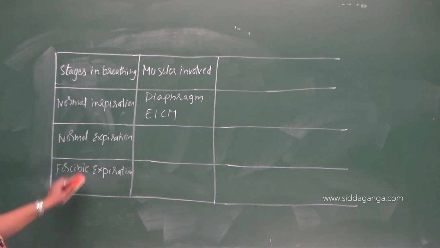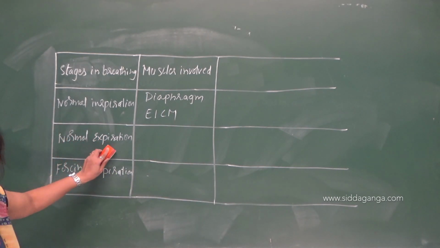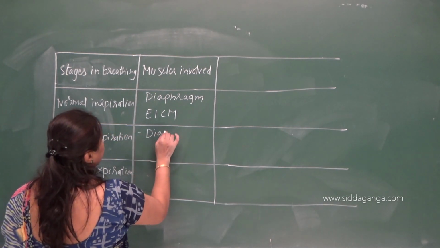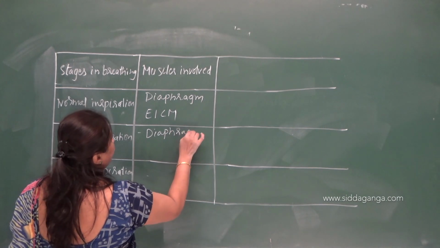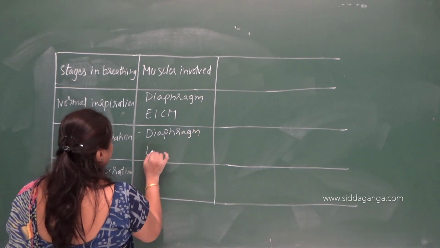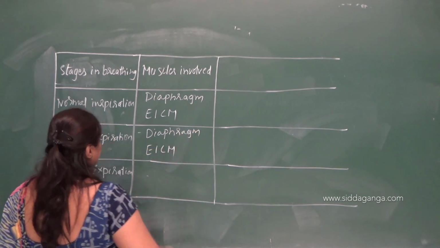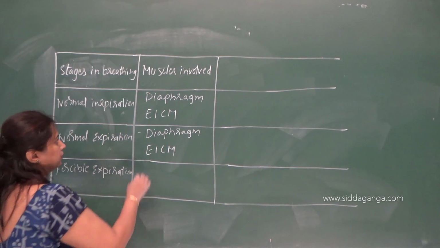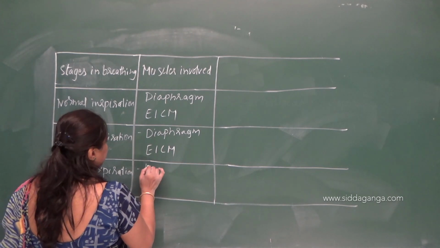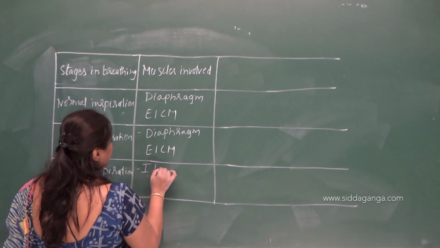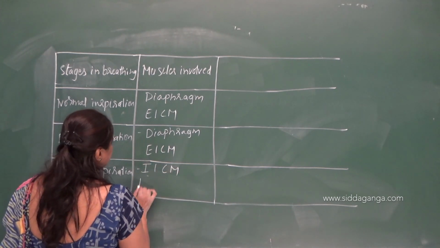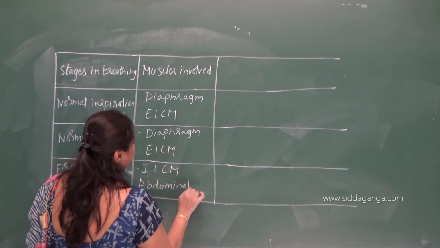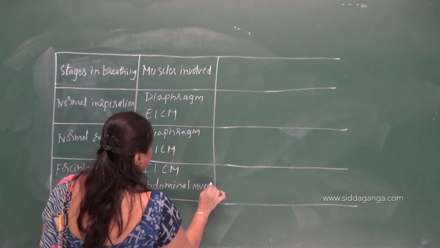And which are the muscles involved in normal expiration? The same muscles again: diaphragm muscles and external intercostal muscles. And what are the muscles involved in forcible expiration? Here, internal intercostal muscles and abdominal muscles.